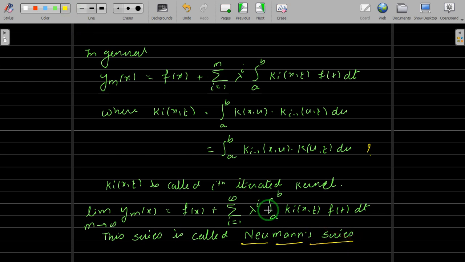So if you can prove that this series converges, then you can show that the sequence is convergent, and then you can show that that is the solution. That means the sequence of this approximation will converge to your solution. Clear? So the question is whether this Neumann series converges or not.